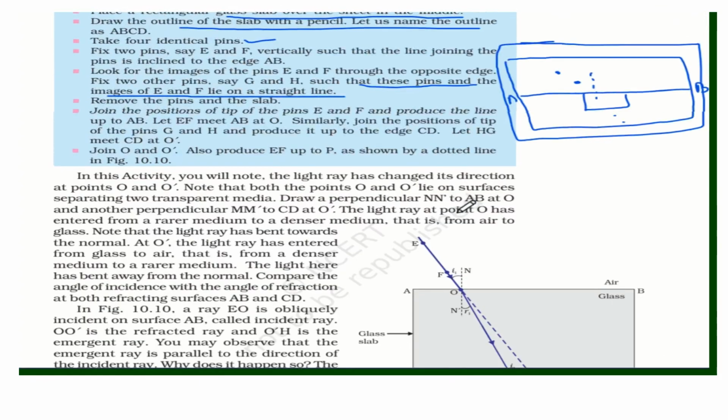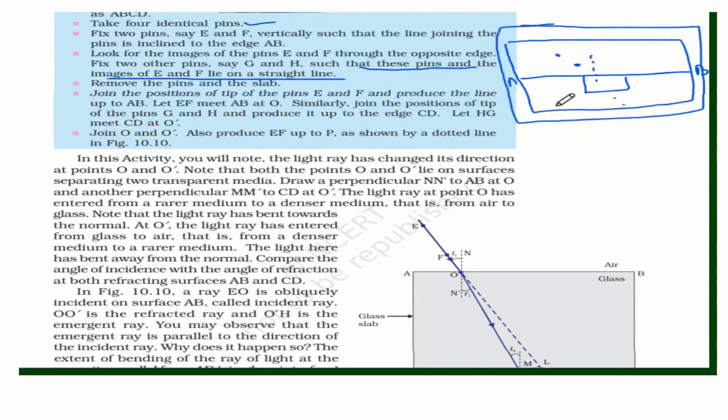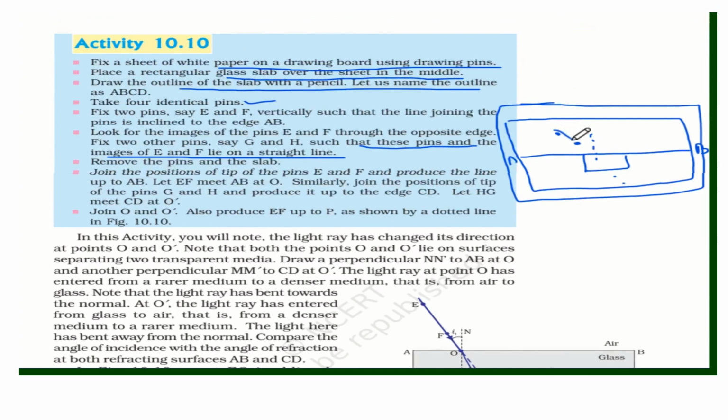Now we will remove these pins and join the positions of the tips of the pins E and F. Now when you draw a normal over here, you will see that there is a change in path of light, as you can see here.